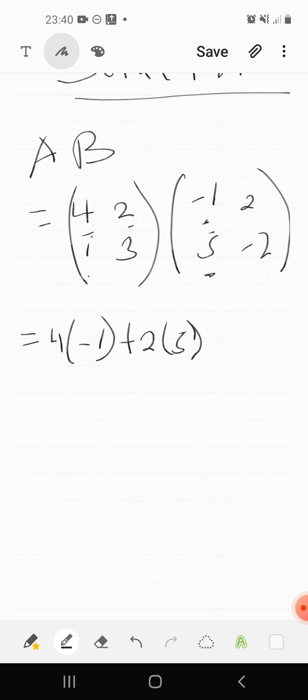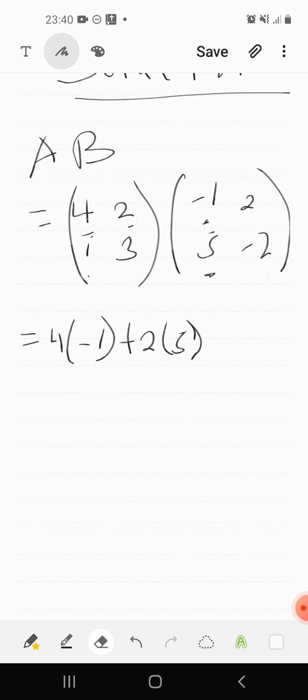So 4 will multiply 2. It will not go there. The space is too small for what we are doing. It should have been in a straight line, in a row form: the first row multiplying the first column and the second column.